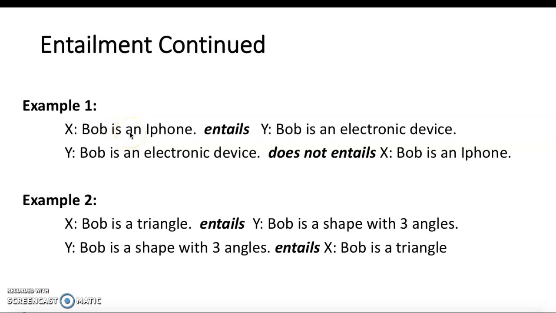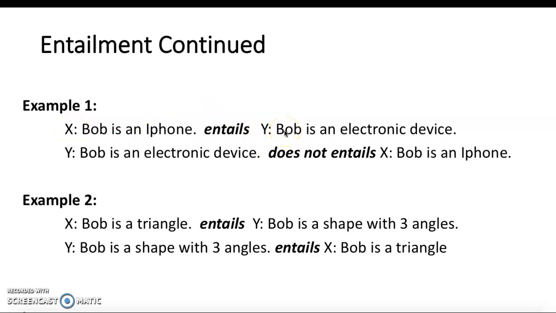Well, it has to be the case that Bob is an electronic device. It cannot be the case that Bob is an electronic device is false if Bob is an iPhone is true. That's what it means for X here to entail Y.